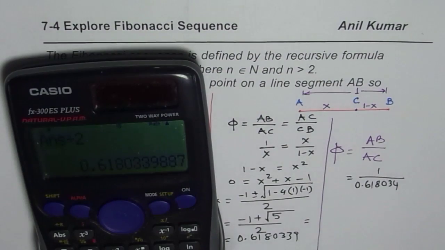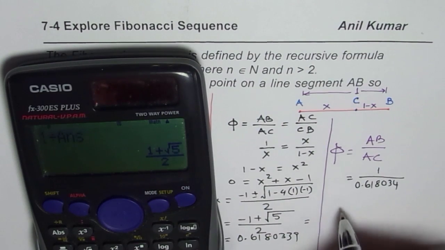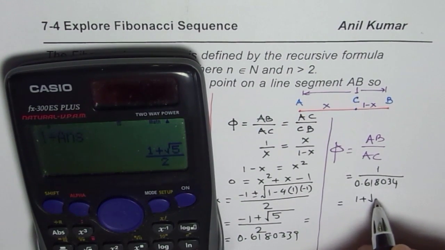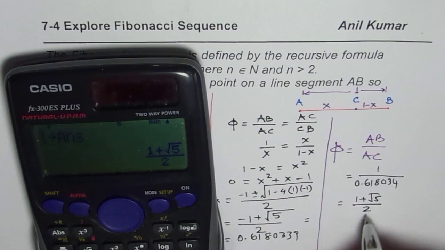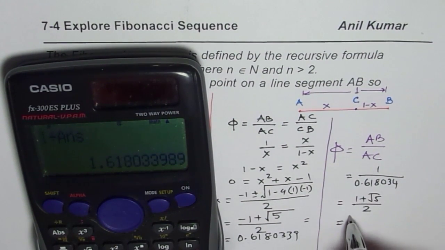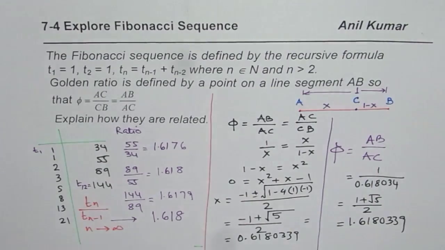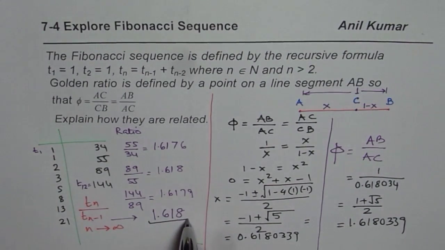We already have this answer here. Now we'll do 1 divided by the answer and see what we get. Well, we get this equal to 1 plus square root 5 over 2, and its decimal value is 1.6180339 and so on. Wow, we get exactly the same number.